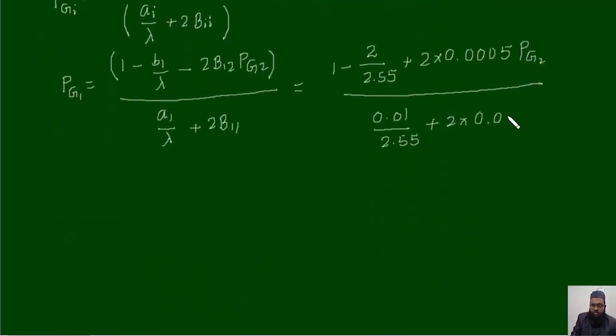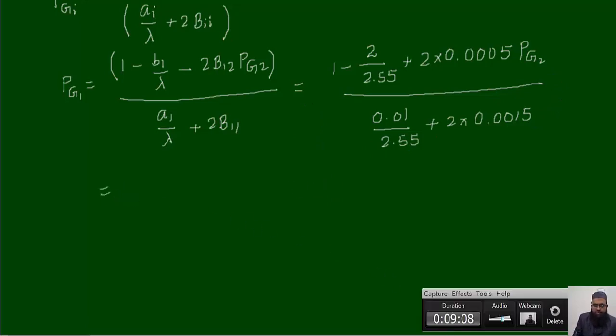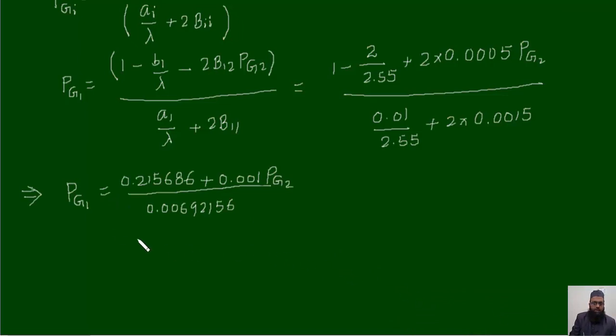So this is equal to 0.0015. So this can further be written as, so Pg1 will be this one, 0.215686 plus 0.001 Pg2 upon 0.00692156. You can solve it yourself, you can simplify it and you can verify it.